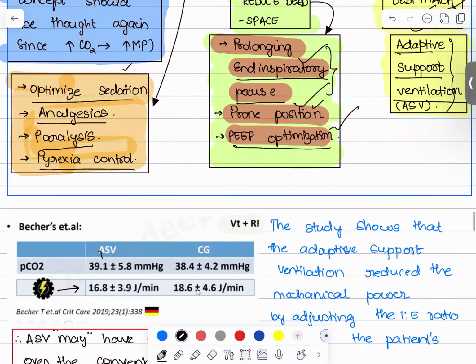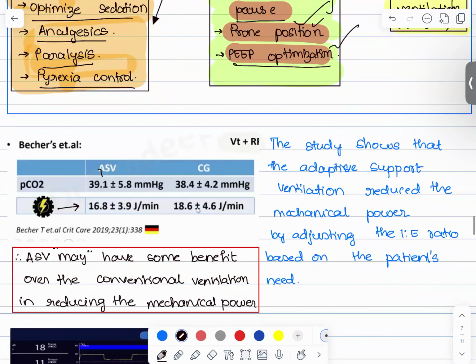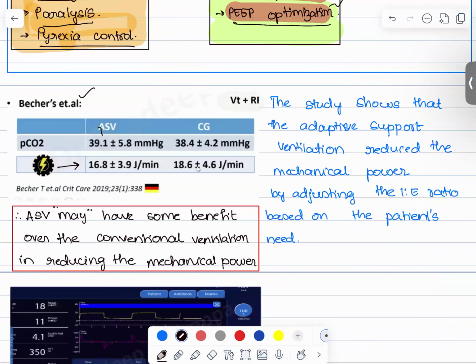So here, Becher et al. have done the study where they have shown the bearing effect of the carbon dioxide on the mechanical power of the ventilator with adaptive support ventilation versus conventional ventilation. You can see the adaptive support ventilation has lesser mechanical power when compared to conventional modes of ventilation.